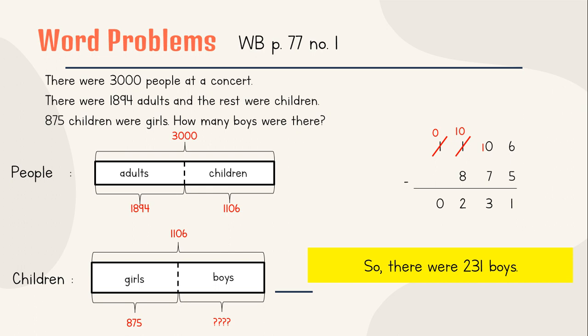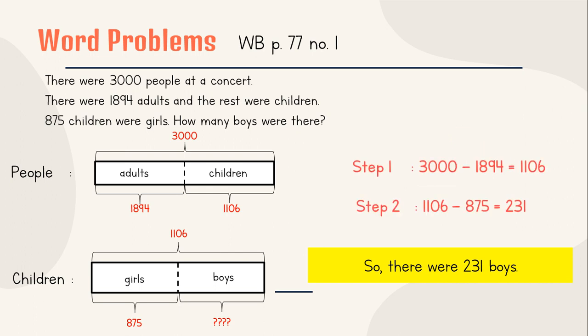In this word problem, page 77, number 1, starting from this practice 3, you will learn how to do 2-step word problems. The first step is to get the children, 1,106. And then the second step to get how many boys there were, which is 231.